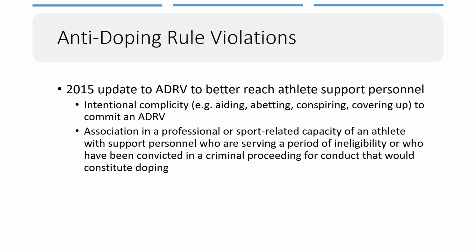The revisions also address the association of athletes, particularly in a professional or sports-related capacity, with supporting personnel who were either serving a period of ineligibility or had been convicted in a criminal process preceding these doping-related events. So basically, not just the athletes, but also their trainers and other supporting personnel, not only just the trainer.